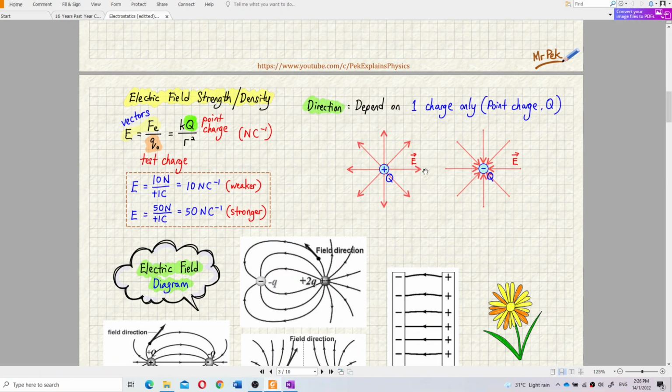Electric field strength depends on the point charge. If it is a positive point charge, electric field strength is away from the positive charge. But if the point charge is a negative charge, the electric field strength is inward, towards the negative charge.